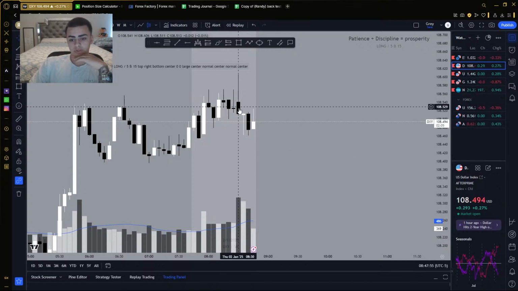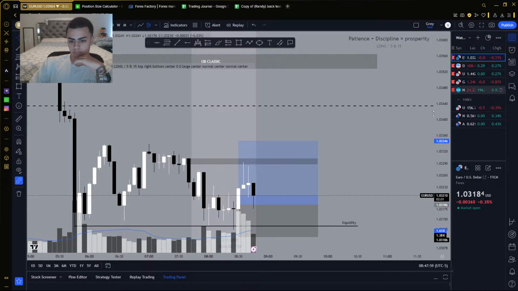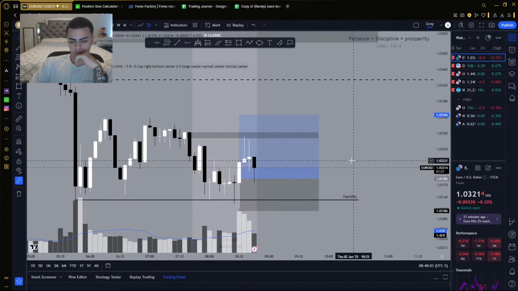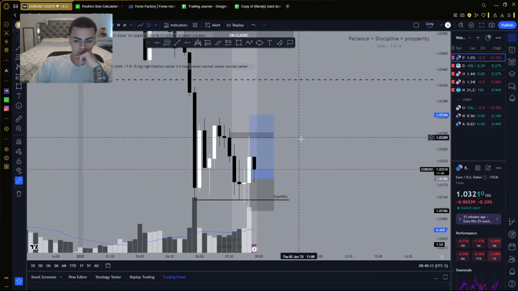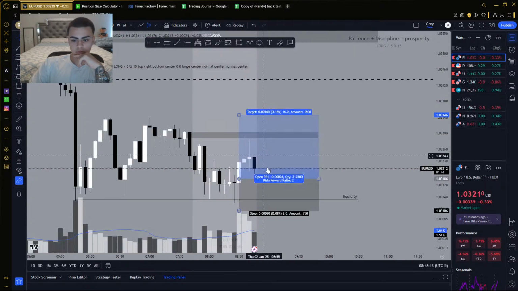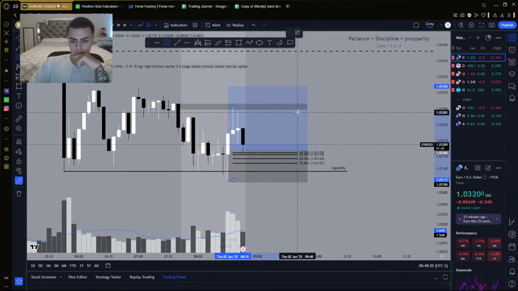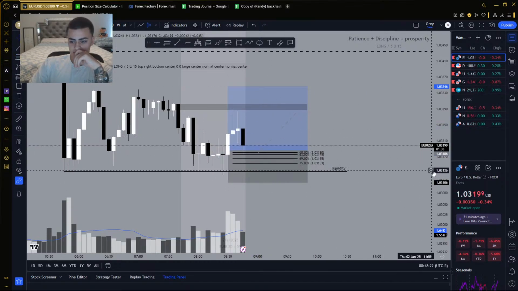Oh wow, this looks really bearish. Let's see, I want to see something. If I do Fibonacci from here to here, it touches exactly.